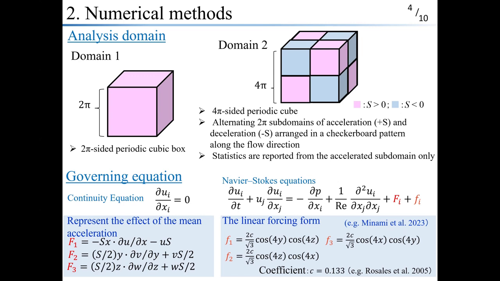This paper focused on analysis within the accelerated region. Since the moderate turbulence wavelength is smaller than 2π, there is no interference between adjacent regions. Grid resolution is defined per 2π for both setup to ensure consistency.